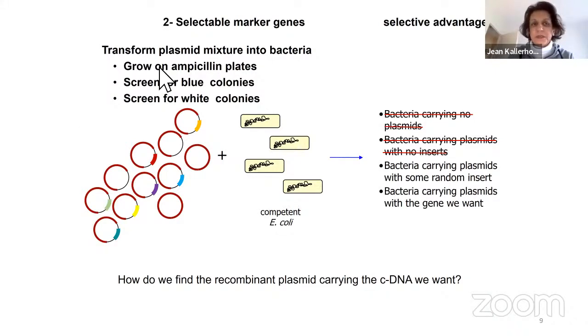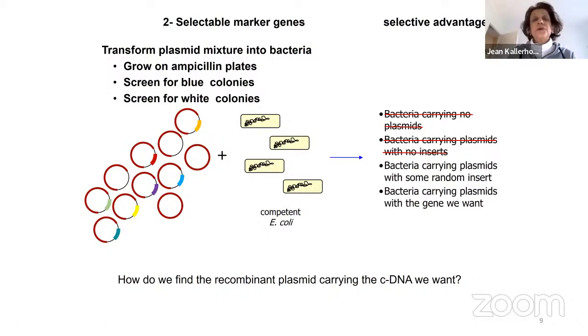So selectable marker genes, we're going to select the bacteria on ampicillin containing medium. Therefore, only the bacteria that will have the plasmid with antibiotic resistance, only these will grow, right?